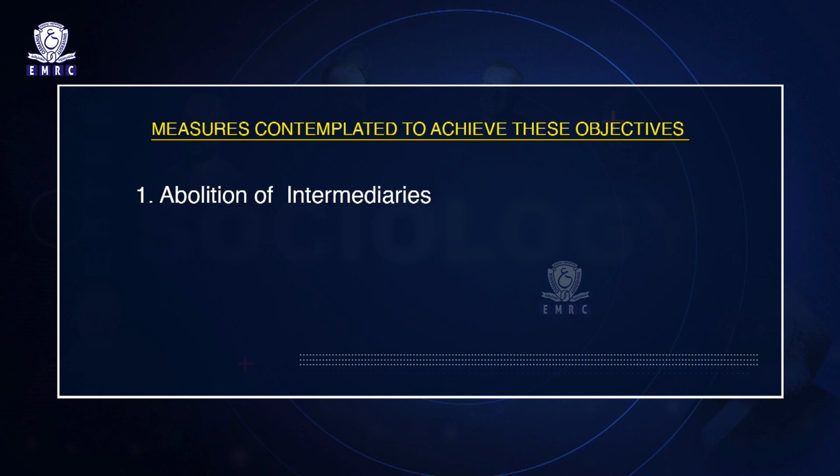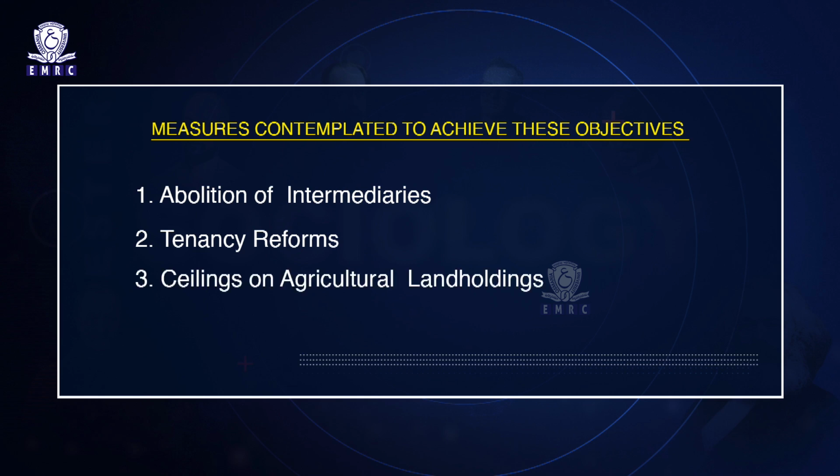Measures contemplated to achieve these objectives were as given below. Number 1, abolition of intermediaries. Number 2, tenancy reforms. Number 3, ceilings on agricultural land holdings. Number 4, reorganization of agriculture.